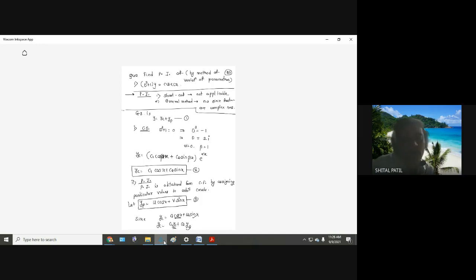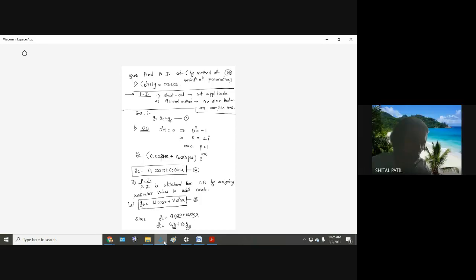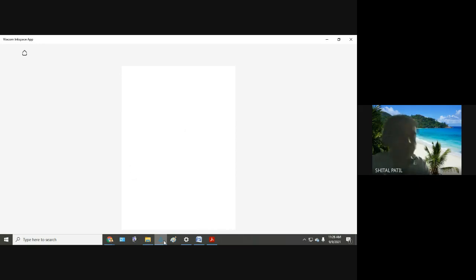I'll write all these things on the next page. Can I change the page? Am I audible? Yes, sir. Okay, so let me change the page and write all the parameters which are required to find u and v. So y1 is cos x, y2 is sin x, f of x is the right side, cosec x.